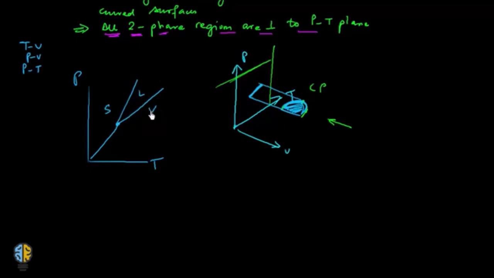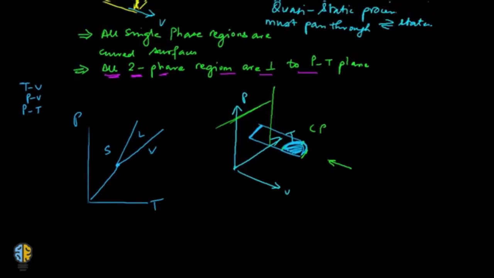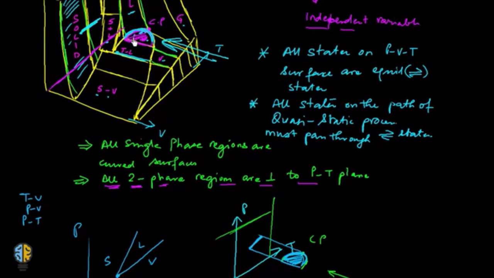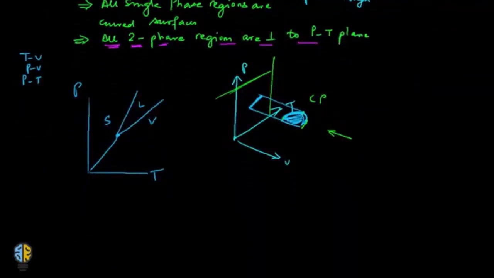The liquid plus vapor region is represented by a single line on the pressure temperature plane. This whole region is projected onto this plane.